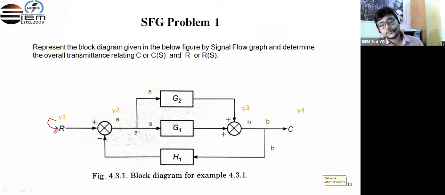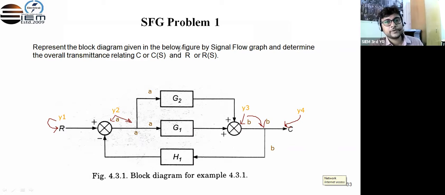So Y1 represents R1, Y2 represents this summing point as well as this takeoff point, the common node. Y3 is acting as this summing point and whatever this takeoff point has with the same value, and Y4 is acting as the output node. Okay, so four nodes you can see.